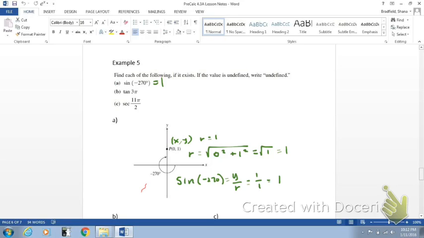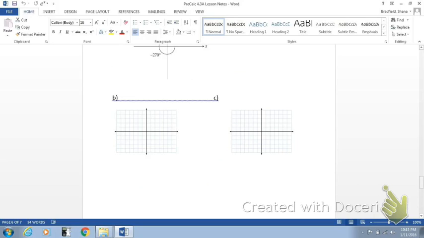3 pi would actually take me, so for B, I want the tangent of 3 pi. Again, I could put that in my calculator. If I were to find that angle, I would have to go around 360, and then another, because that's 2 pi, and then another pi would put me here. So it's the same as having an angle of 180 degrees.